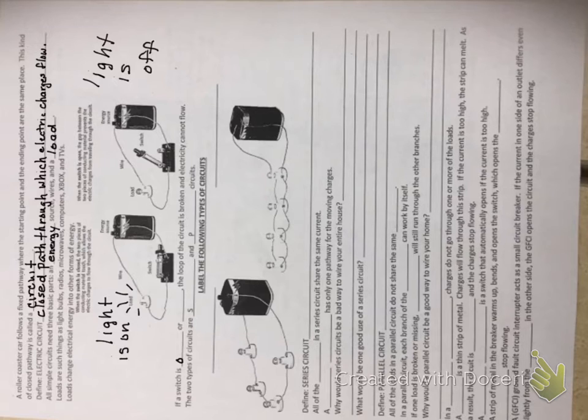When you flip the light switch on, you've closed that gap, and the current is able to flow to the load, which would then be the lights. So when we say if a switch is open or off, the loop of the circuit is broken, and so electricity can't flow.